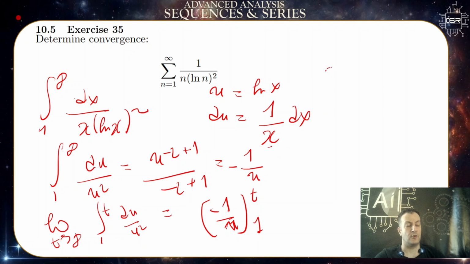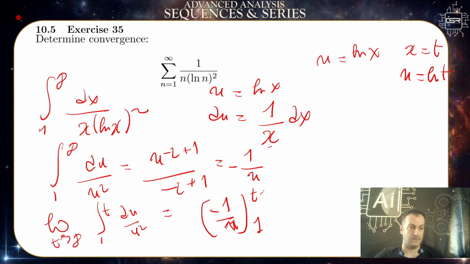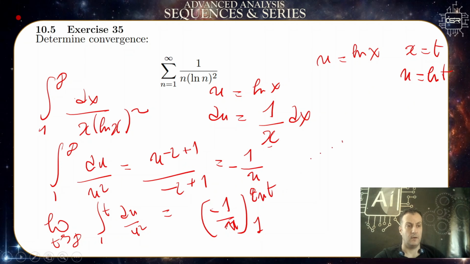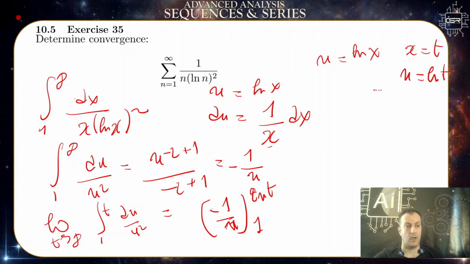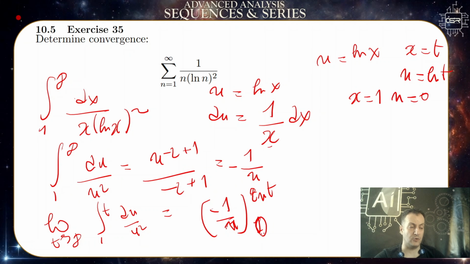Okay, so u is equal to ln x, correct? So for x equal t, u is equal to ln t. So this boundary becomes ln t. For x equal 1, u is equal to 0. So it is between 0 and ln t. You need to change the boundaries also.